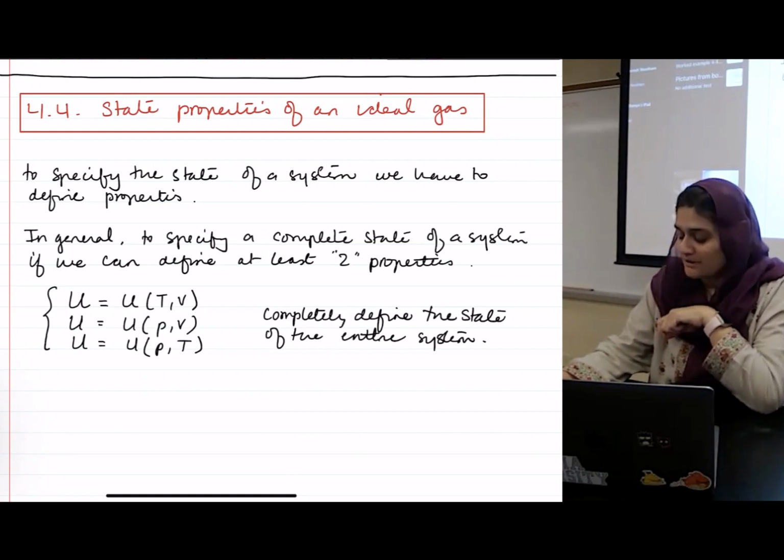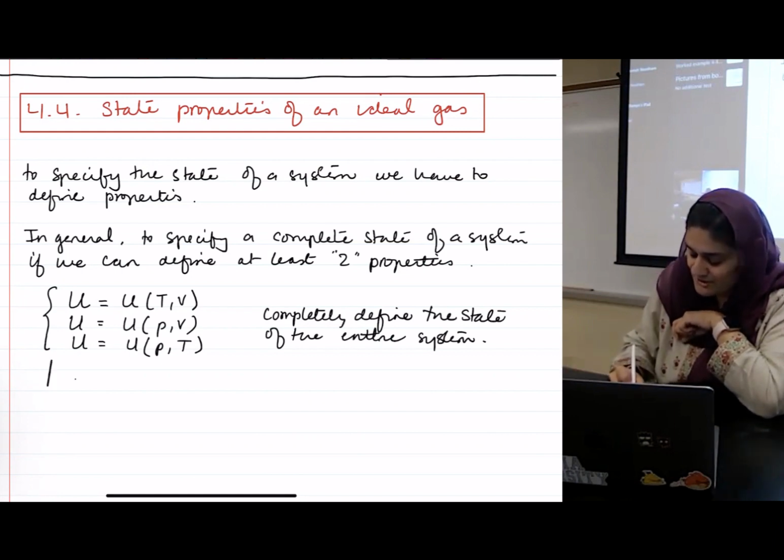However, under certain conditions. So what are those conditions?